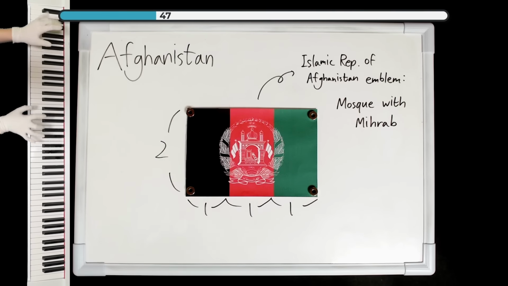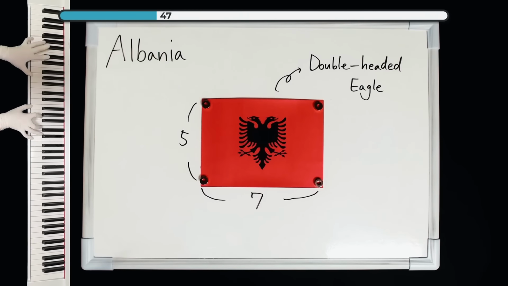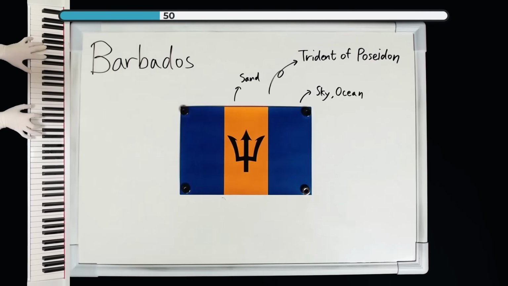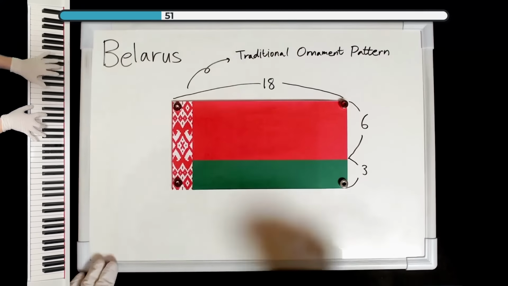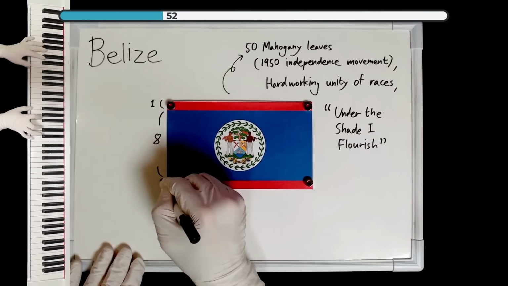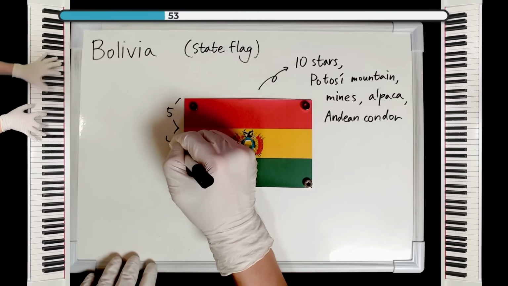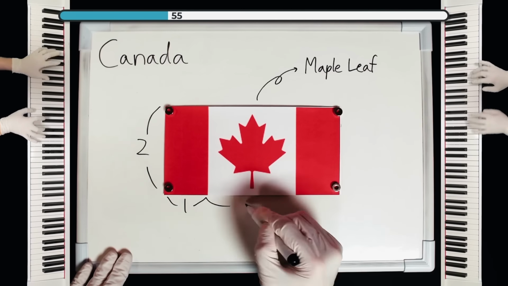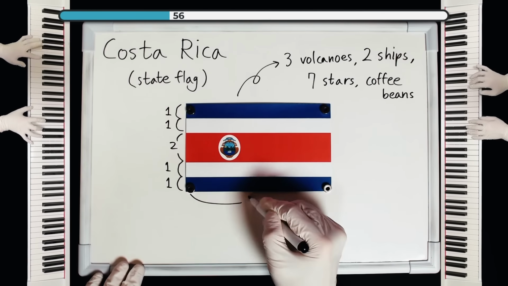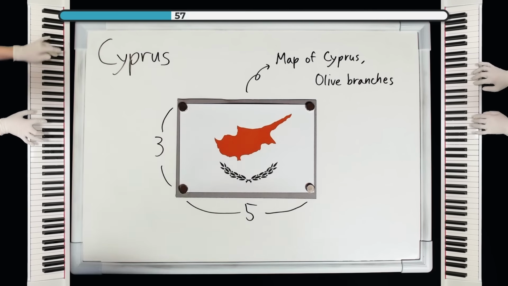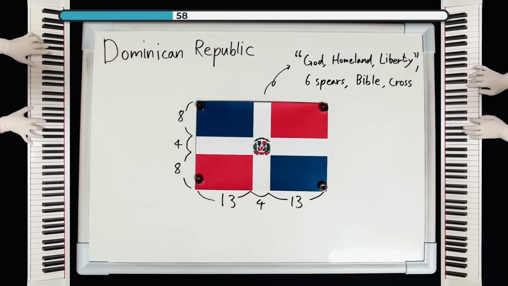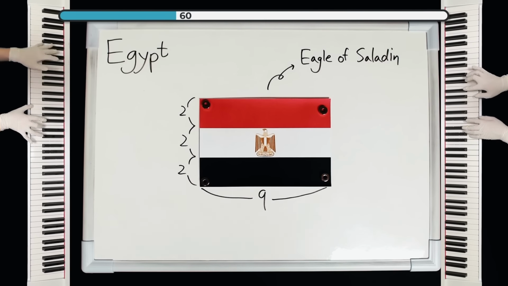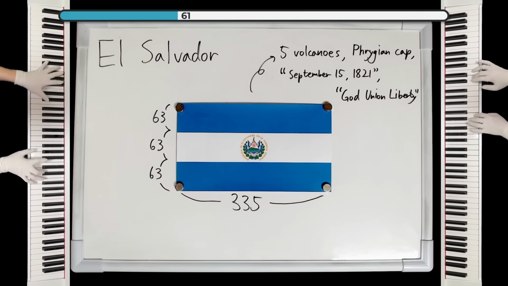Afghanistan. Albania, we just did it. Andorra, going in alphabetical order. Argentina. Barbados. Belarus. Belize. Bolivia. Cambodia. Canada. Costa Rica. Cyprus. Dominican Republic. Ecuador. Egypt. El Salvador.